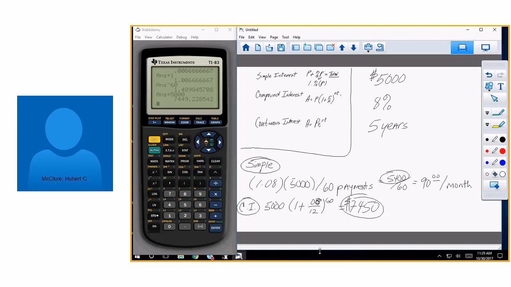Simple interest is being a neighbor, being a friend, being a family member. If Miss Slack is my cousin, and she walks up to me and says, "I'd like to borrow $5,000," and I say, "Okay, I'll let you borrow $5,000, but I'm going to compound it monthly at 6%," she ought to take a board upside my head if I'm a family member of hers. You don't do things like that.